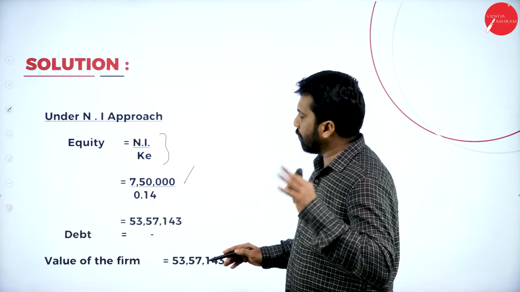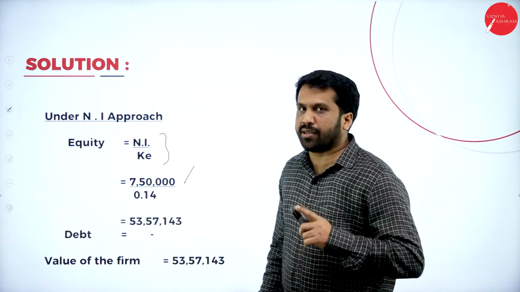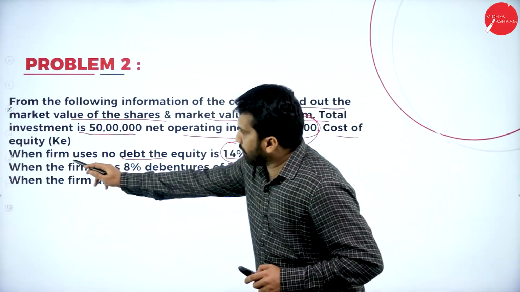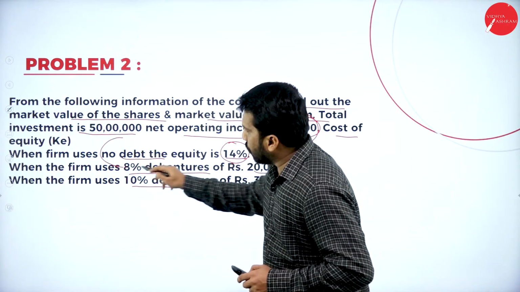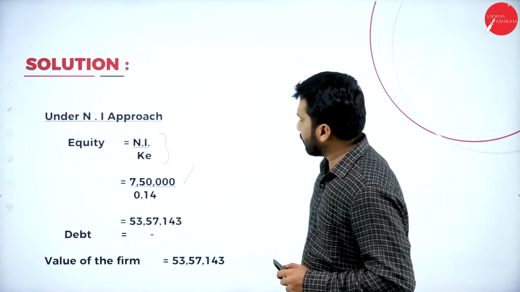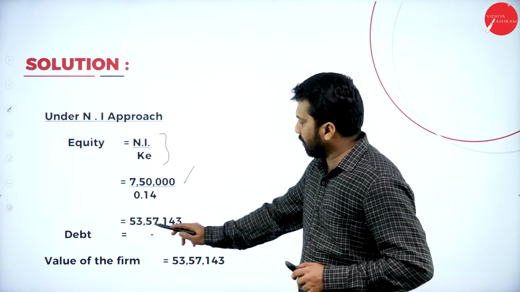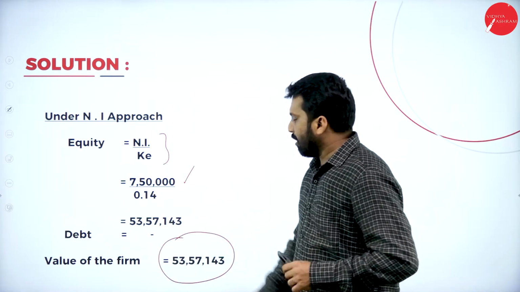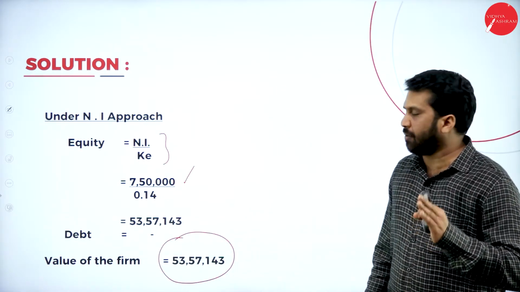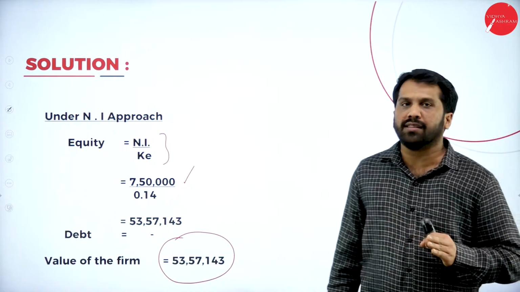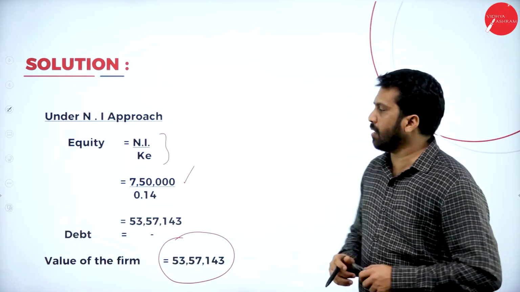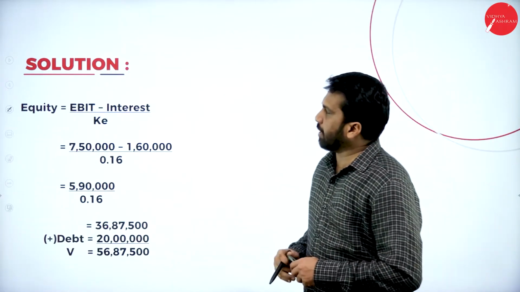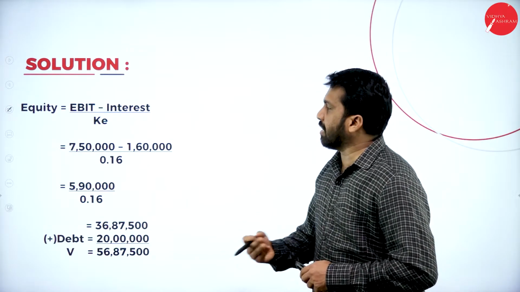What is the value of the firm? You have to add debenture, but when the firm uses no debenture, then what happens? It will be 0. This plus this, you get the answer of 53,57,143. Hope you are clear. Yes.